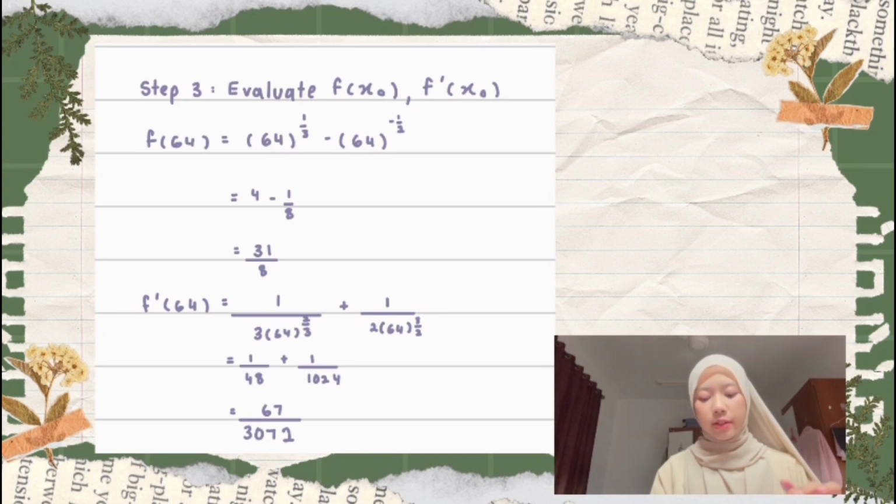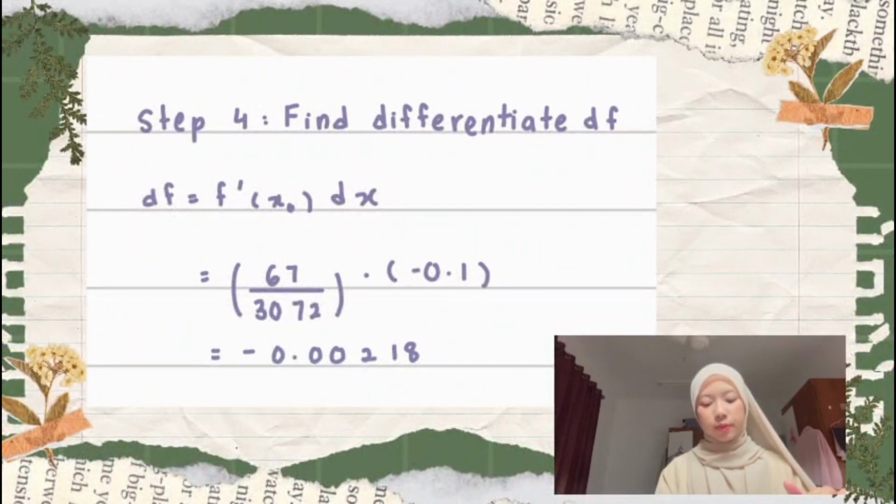For f prime of x naught, it is 1 over 3 times 64 to the power of 2 over 3, plus 1 over 2 times 64 to the power of 3 over 2. And we will get 1 over 48 plus 1 over 1024, and we will get 67 over 3072.